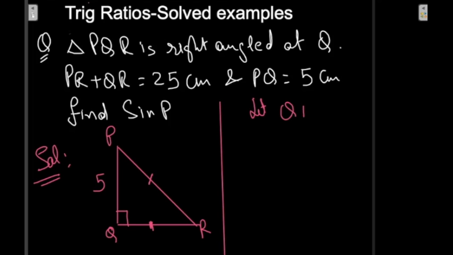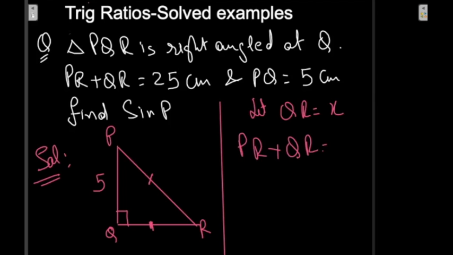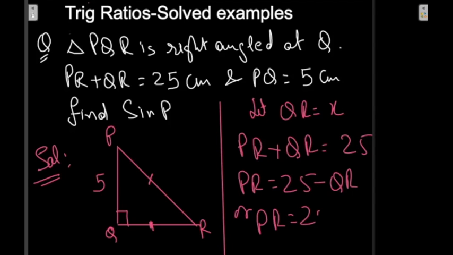Let QR is equal to X. So PR will be equal to 25 minus X, because PR plus QR is equal to 25, or we can say PR is equal to 25 minus QR, or PR is equal to 25 minus X. Now it will be easier for you to understand, right?